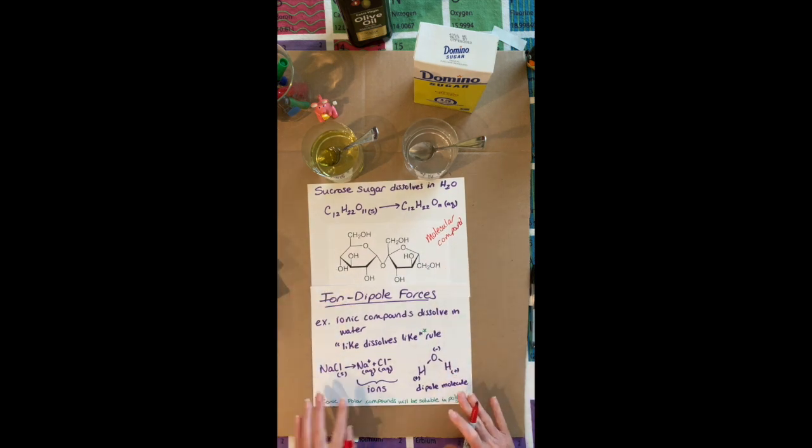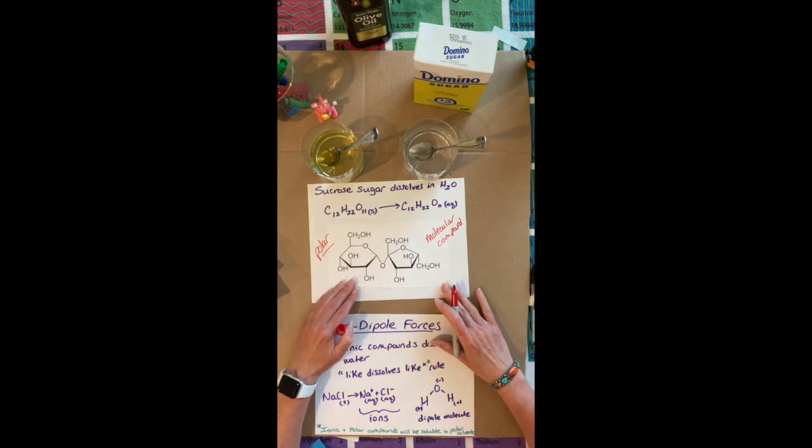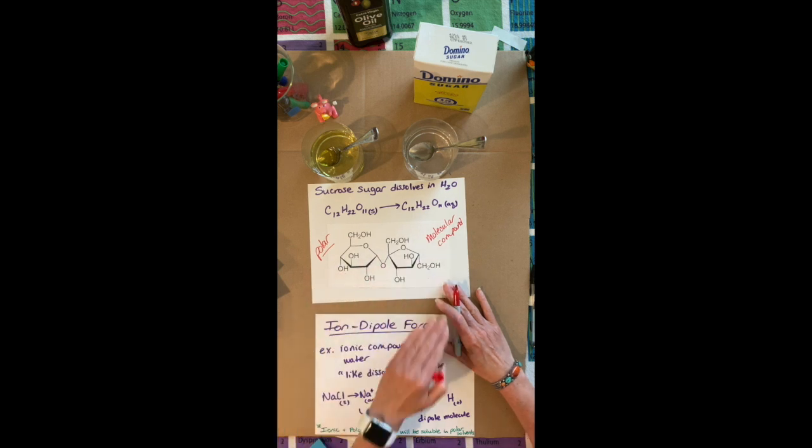So, ionic compounds will dissociate into ions and be attracted to water. But polar compounds, like sugar, will also dissolve in water, but they don't dissociate into ions.